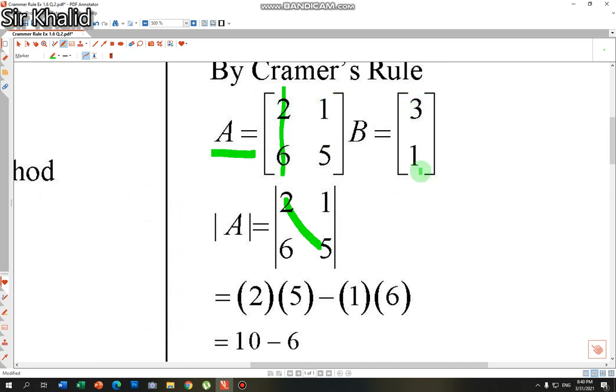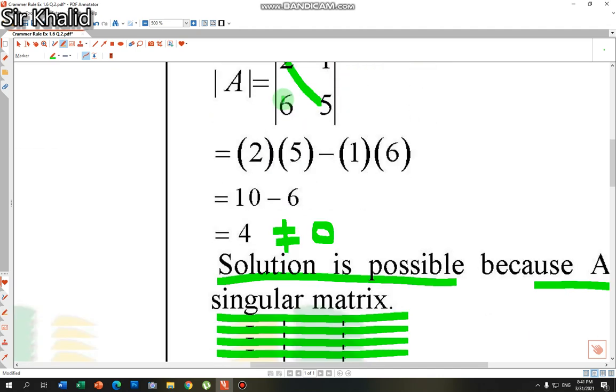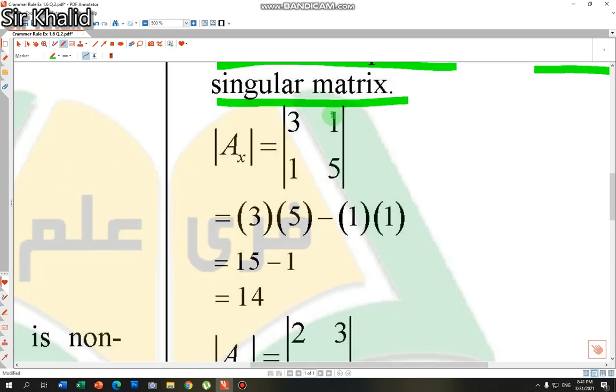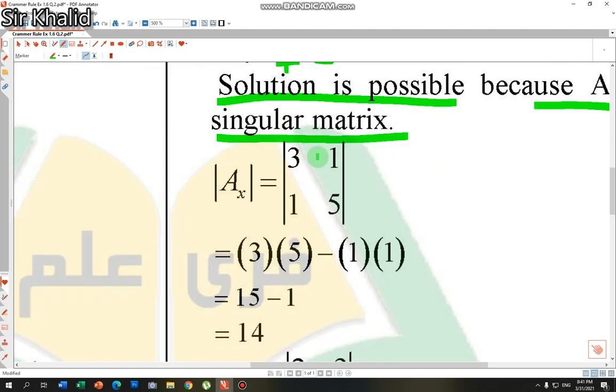So replace this column with B, just like this: |3, 1; 1, 5|. Now start calculating this determinant: 3 5s are 15 minus 1 1 is 1, so 15 minus 1 is equal to 14.